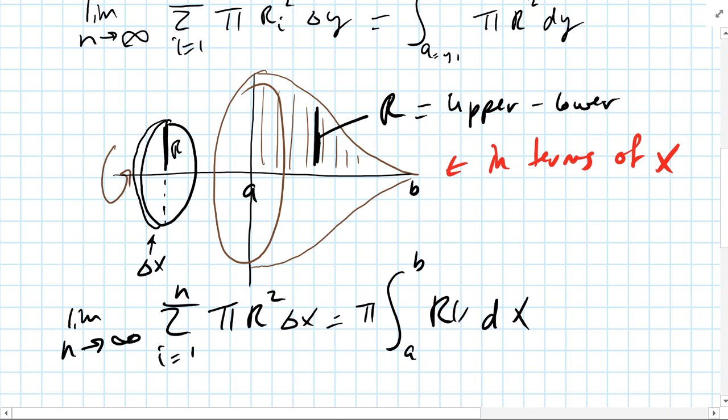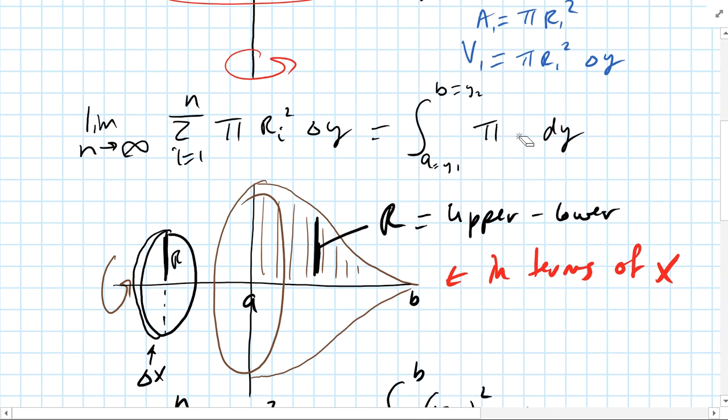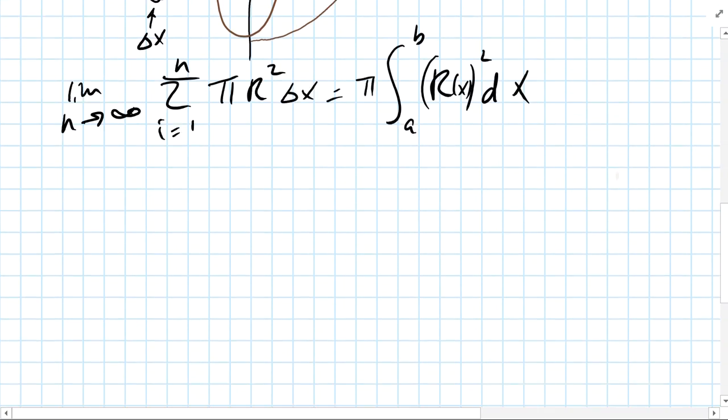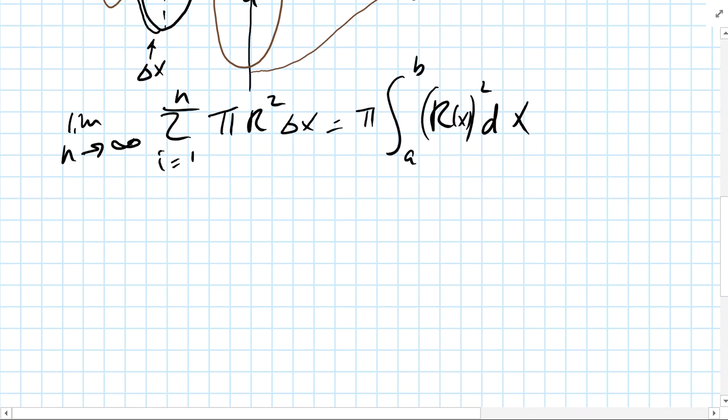The radius is in terms of x now. Up there on our y one, that was a radius in terms of y, all that squared. Everything's in terms of y or everything's in terms of x. Do not mix and match. Capiche? Awesome.